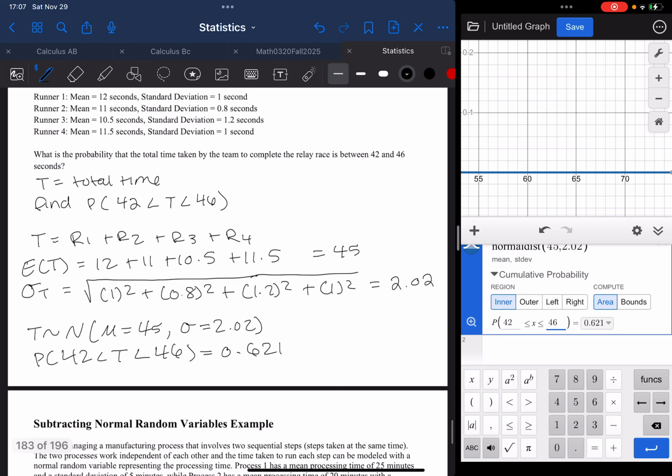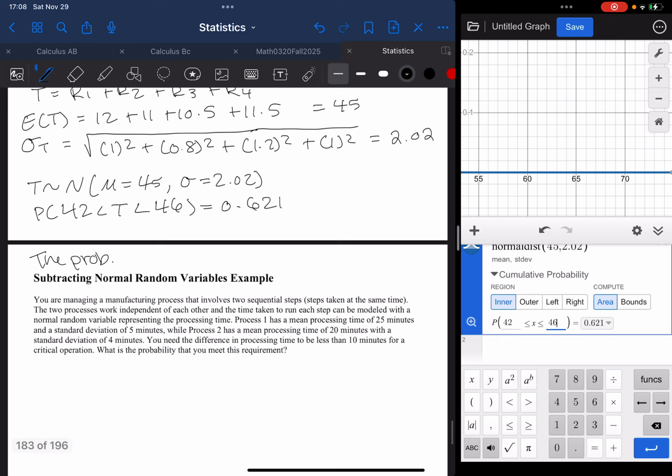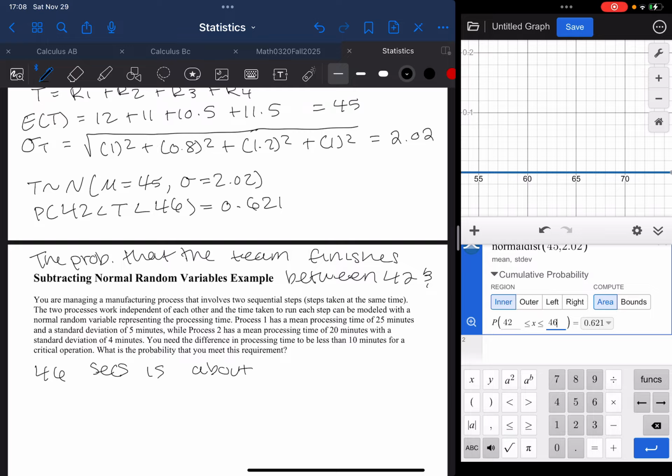So if I was to write that in a sentence, I would say the probability that the team finishes between 42 and 46 seconds is about 62.1%. So that's a very high probability.